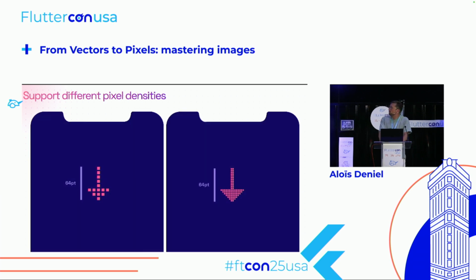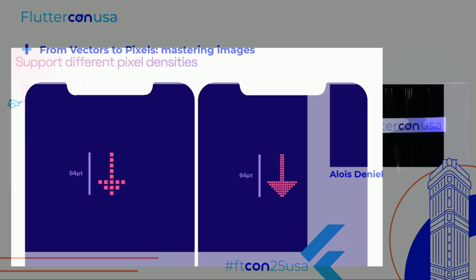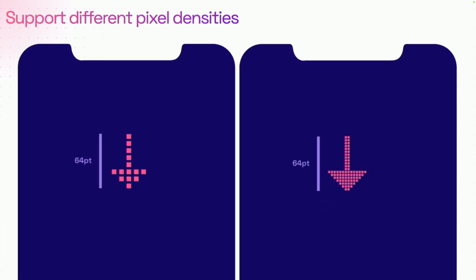And also, you have to provide different variants for different pixel densities. If you want to ensure crisp rendering on various devices, you need to provide different versions of your image as well. You should know that the pixel ratio is the number of pixels displayed for one given physical unit in the real world.